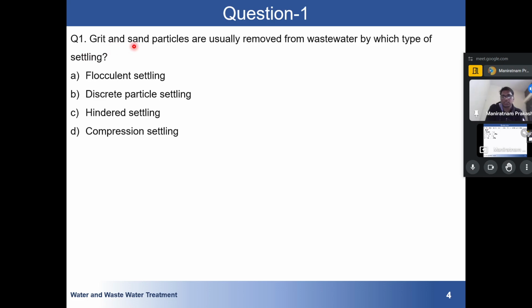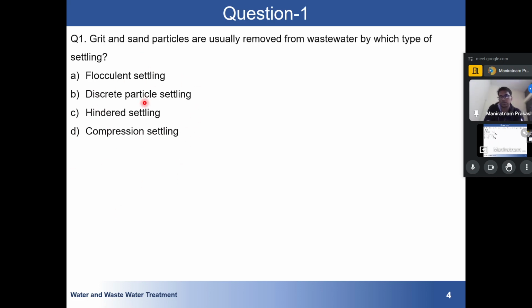The first question is: the grit and sand particles are usually removed from wastewater by which of the settling? And the options are flocculent settling, discrete particle settling, hindered settling, compression settling. So to answer this question, first you should be aware of some basic things, like what grit particles are, what the different units are, and what the different kinds of settling are that happen in a wastewater treatment plant.